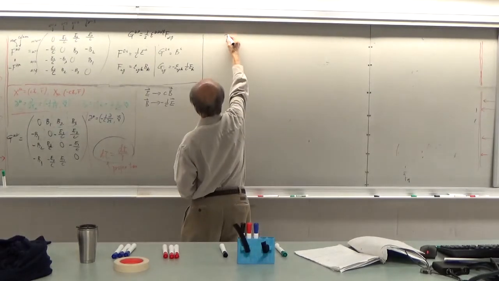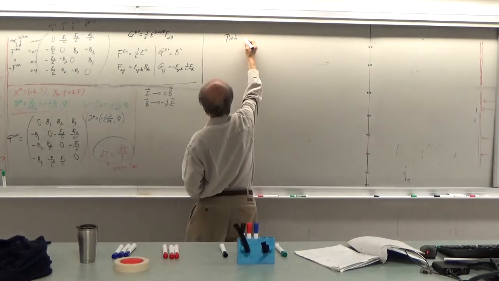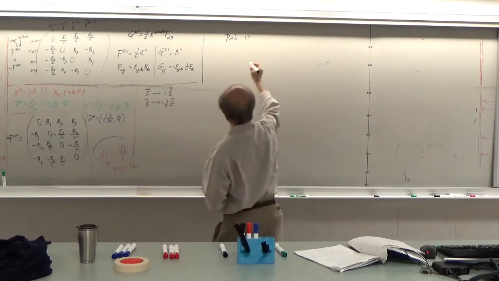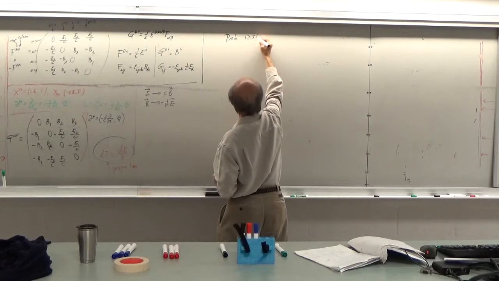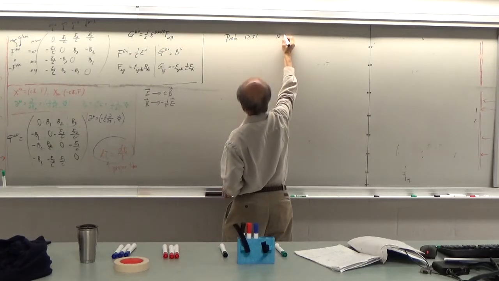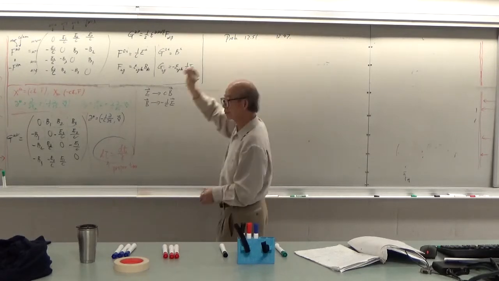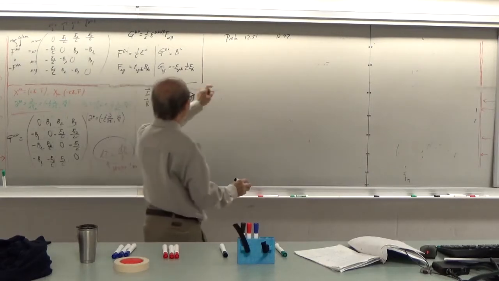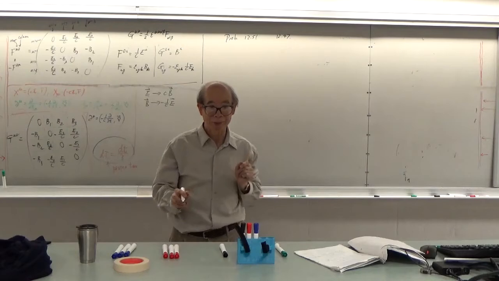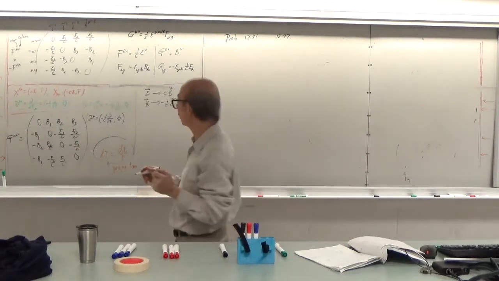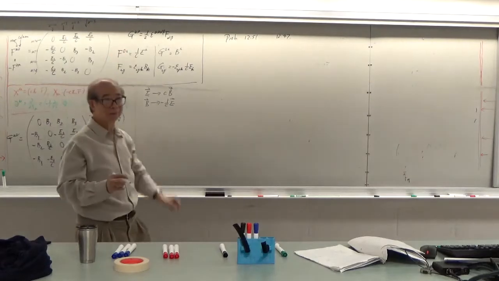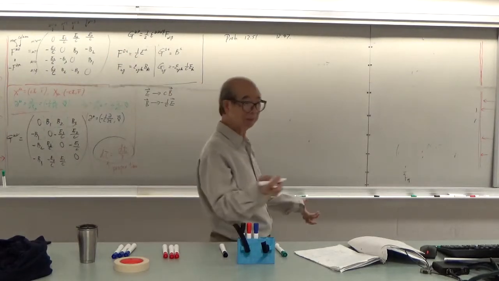The problems I'm talking about will be problem number 12.51 and problem 12.47. And I will do part of these two problems for you, so as to familiarize you with these two tensors, F mu nu and G mu nu, to a certain extent.